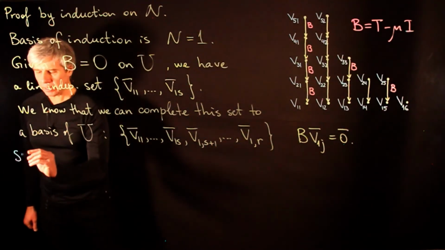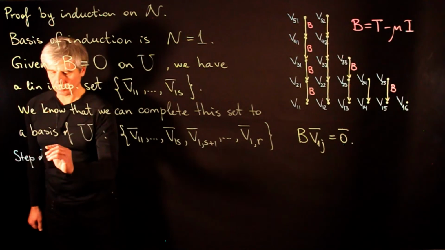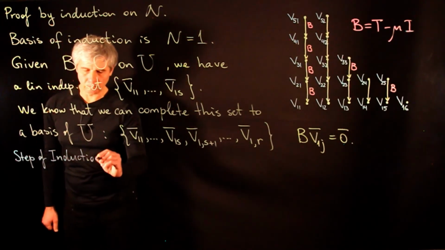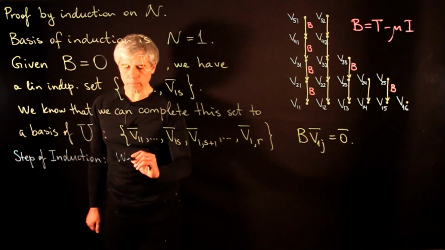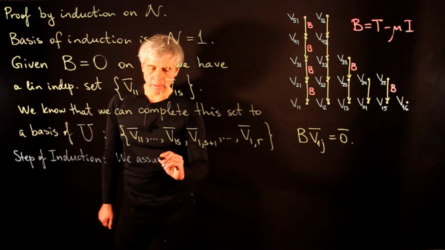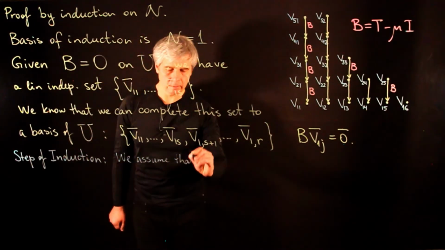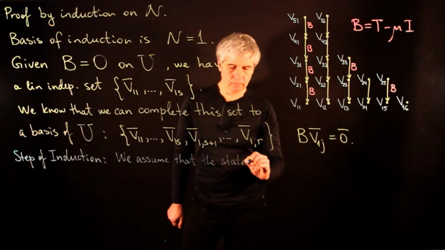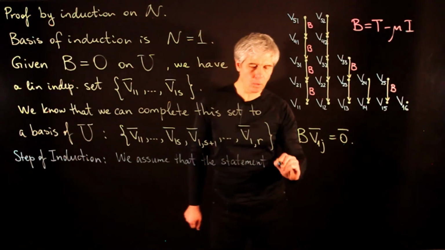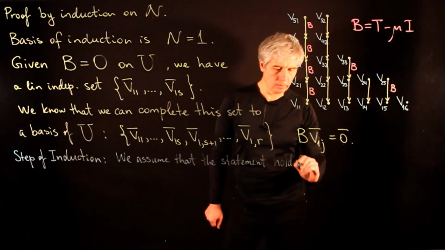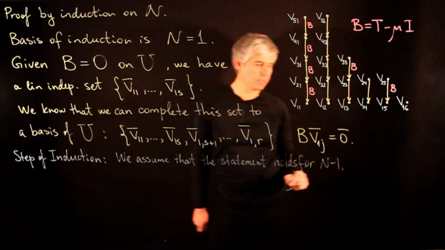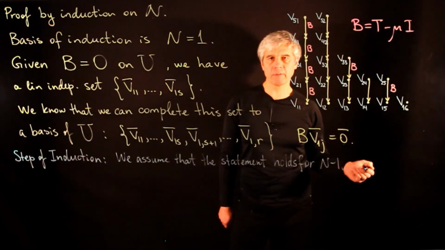Now let us carry out the step of induction. We assume that the statement of the theorem holds for n minus 1. And now let us prove it for given n.